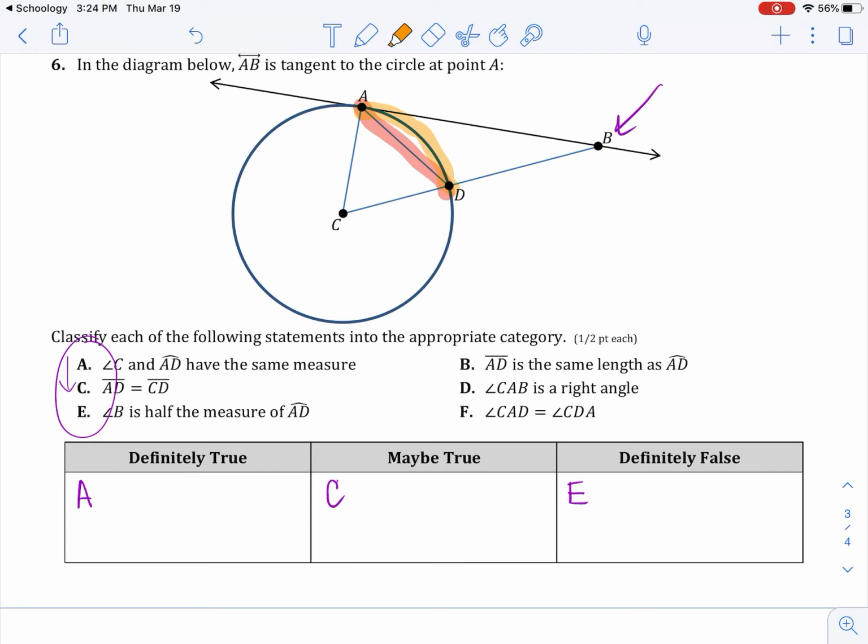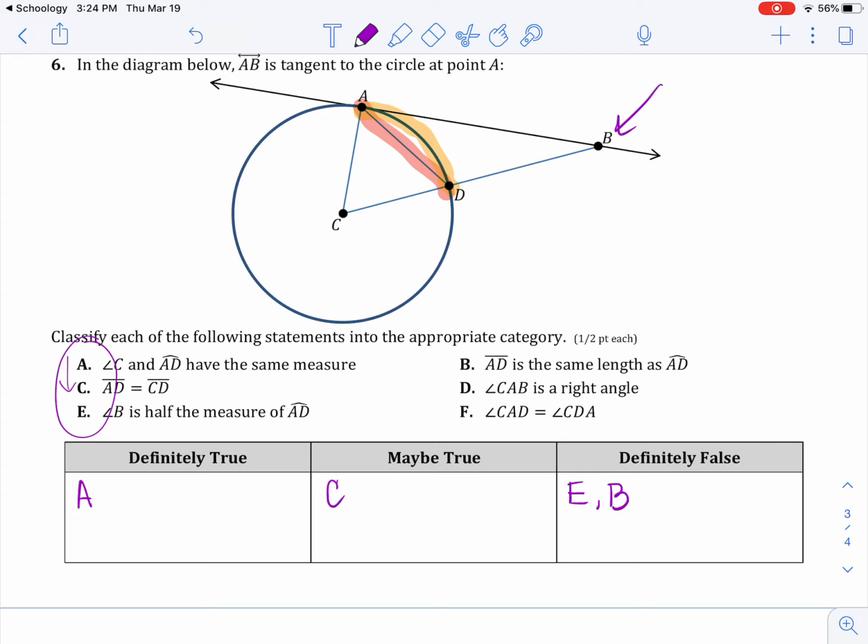If they start at A, who's going to get to D first? The person in red, right? The shortest distance between 2 points is a straight line. So segment AD is shorter than arc AD. So the question, are they the same length? Absolutely not. Definitely false.